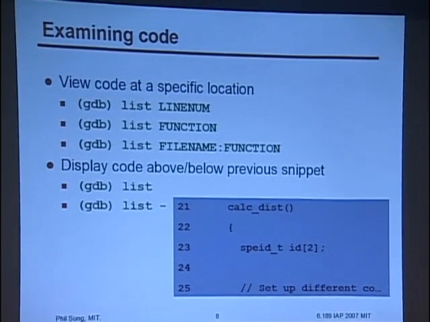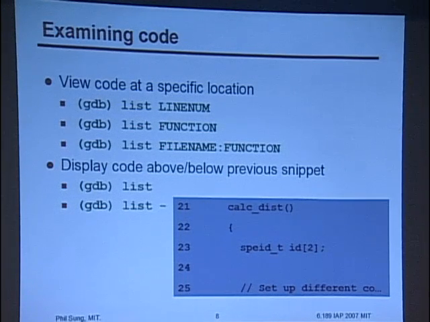And because GDB knows which line numbers the program is executing right now, it's able to show you the source code corresponding to the current place in the program. In order to browse the source code, if it's available, you just type list.